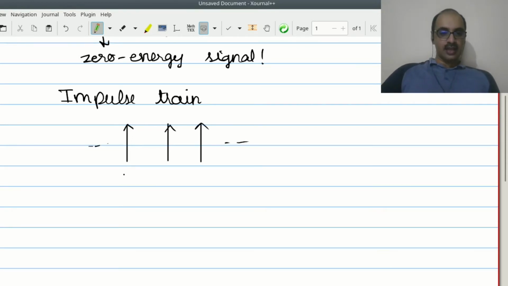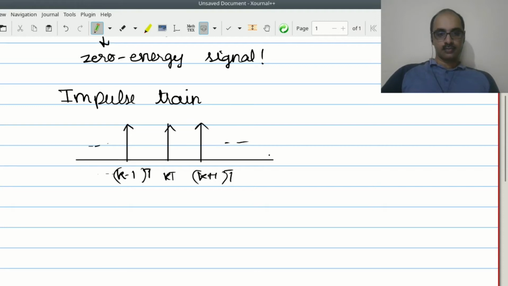And these are at (k minus 1)T, kT, (k plus 1)T, and so on. Let's call this s of t for the impulse train.